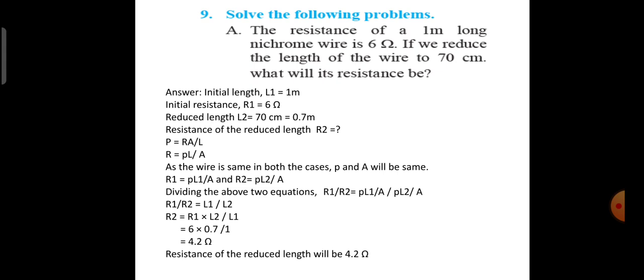So R1 divided by R2 will get rho and A, if we remove as common, L1 divided by L2, and R2 will become R1 multiplied by L2 divided by L1. So you'll get the answer as 4.2 ohm. Here we have just rearranged the terms.